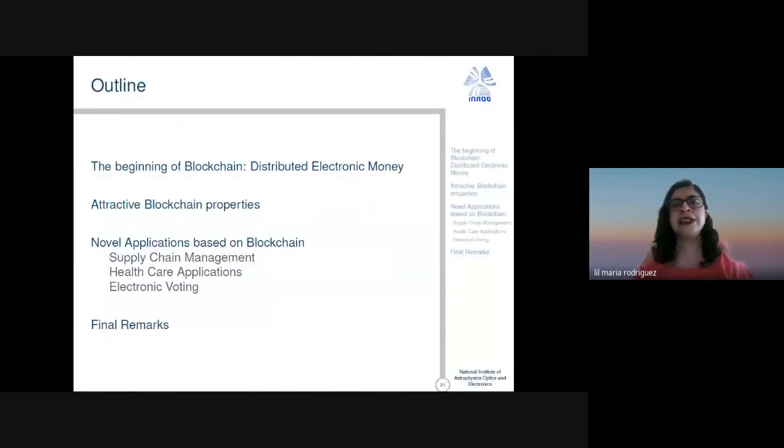So the outline for this talk is, it's talking a lot of blockchain, but I will start with the beginning. And I named this beginning the distributed electronic money.